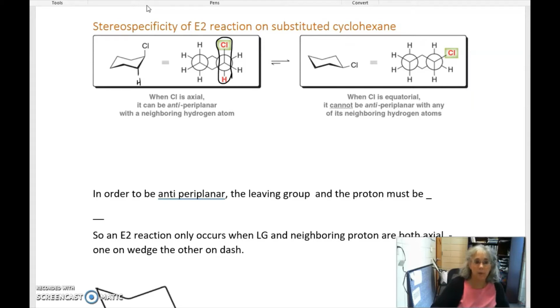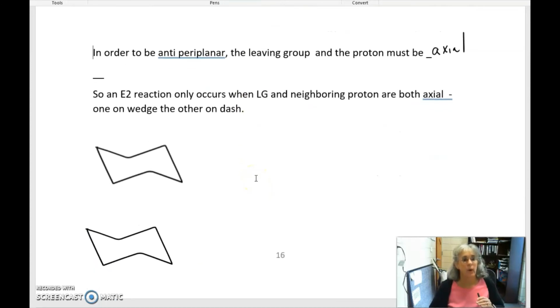One will be up and one will be down. They need to be next to each other and they need to be axial, and that will give you the proper configuration for an E2 reaction. So in order to be antiperiplanar, the leaving group and proton must be axial. An E2 reaction will only occur if they're both axial, and that results from one being on a dash and one being on a wedge. So let's see how that works.